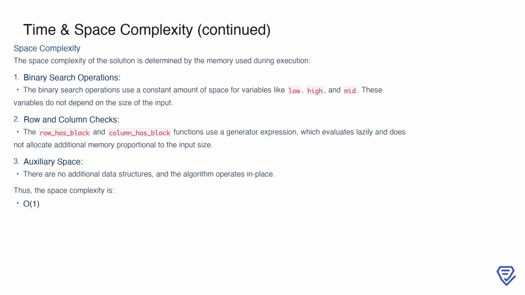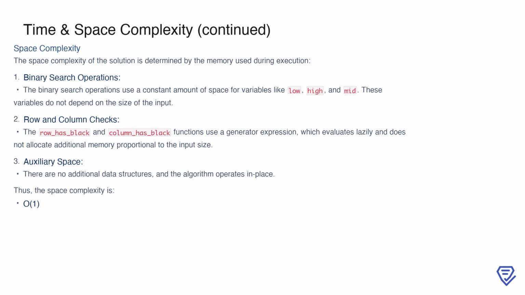This ensures that there is no additional memory overhead during the row and column scans. Finally, the algorithm does not rely on any auxiliary data structures and operates in place, further ensuring that the memory usage remains constant. Therefore, the space complexity of the solution is O(1), making it very efficient in terms of memory use.